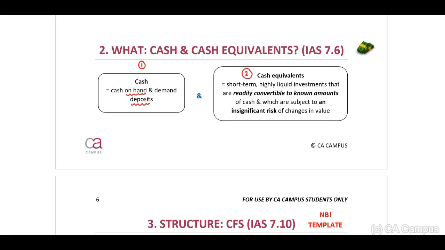Now, cash equivalents will be short-term, highly liquid investments. Now, what is a highly liquid investment? An investment that they can turn into cash easily, immediately, that is readily convertible to known amounts. Therefore, we need to be able to know how much cash, and which are subject to an insignificant risk of changes in value.